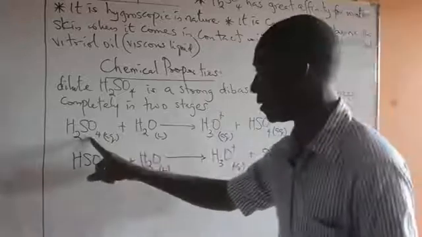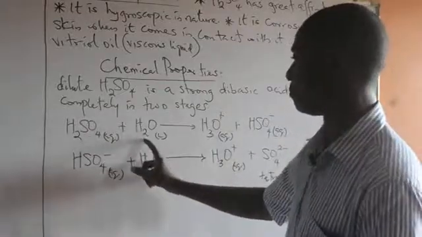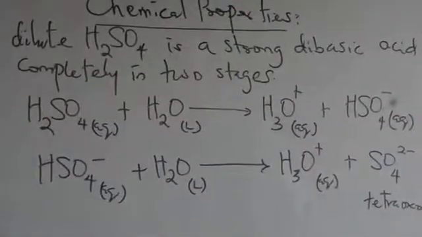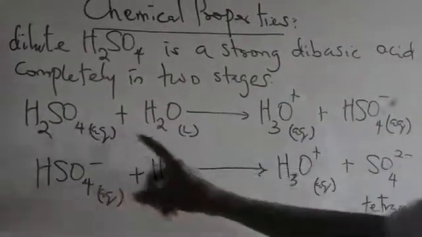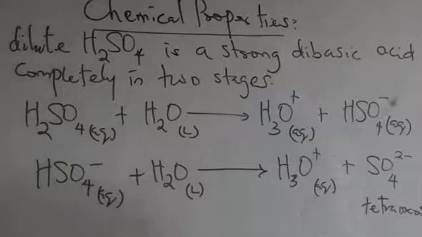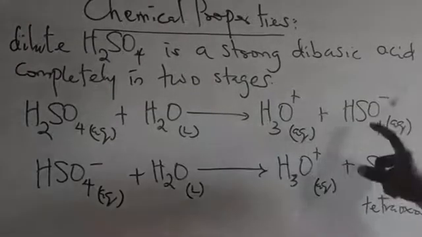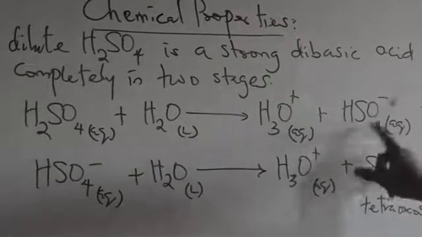The first stage is that you react it with water molecules. The tetraoxosulphate acid being reacted with water forms H3O+ in aqueous solution, as hydronium ion, with the formation of this anion.